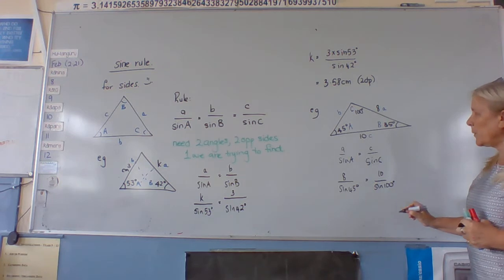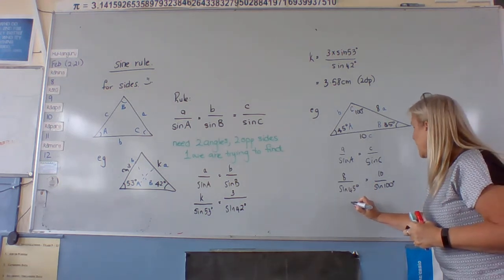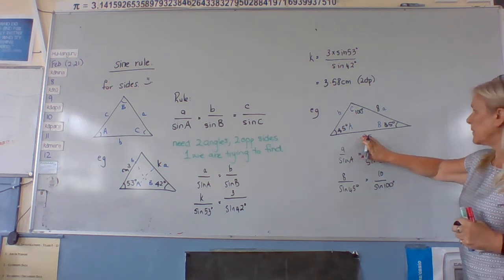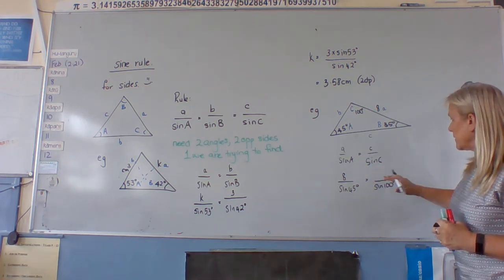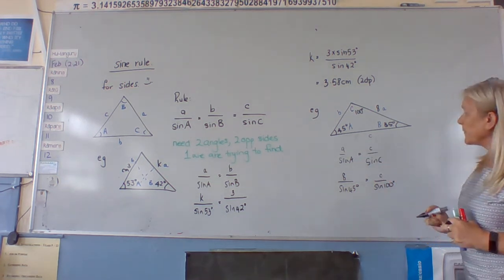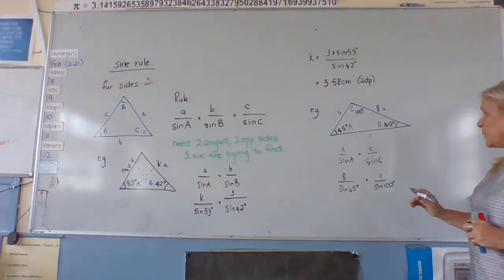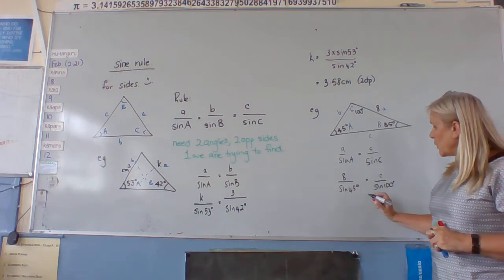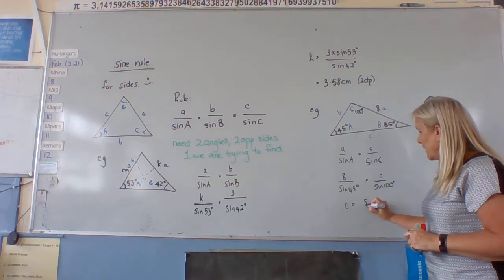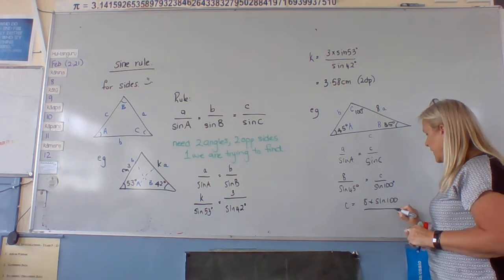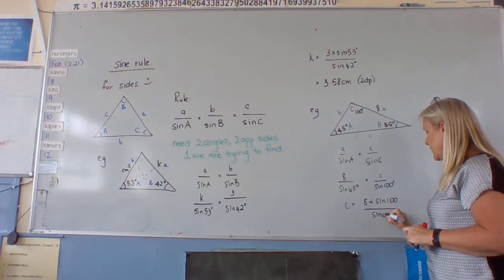So what does that equal? Hang on. What am I looking for? Okay, we're looking for c. I'll put everything on there. It's not going to be 10, so that'll be good. We'll find out whether it's even close. So c is equal to 8 times sine 100 over sine 45.